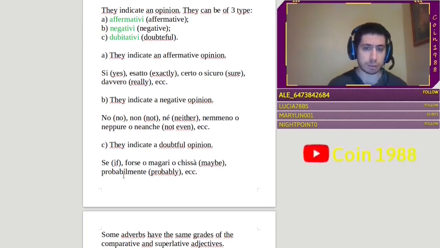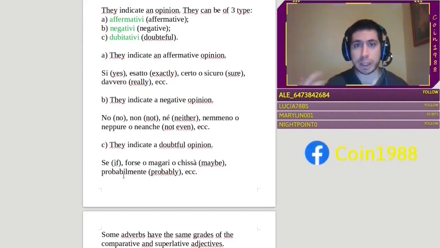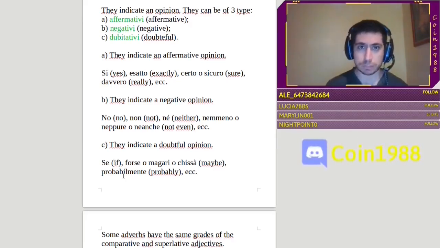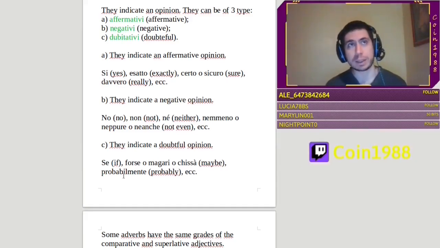magari, for example, I say, today I give you just one exercise. And you say, oh, magari. It is like you say, oh, I hope it is like that. But it is always a doubt because you are not sure.